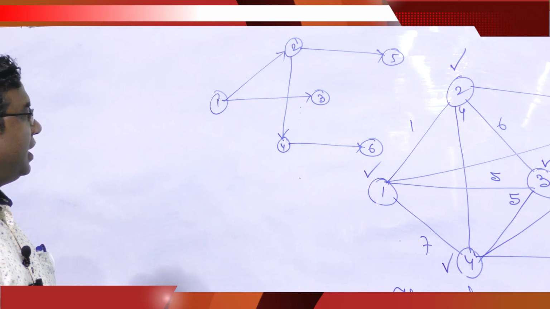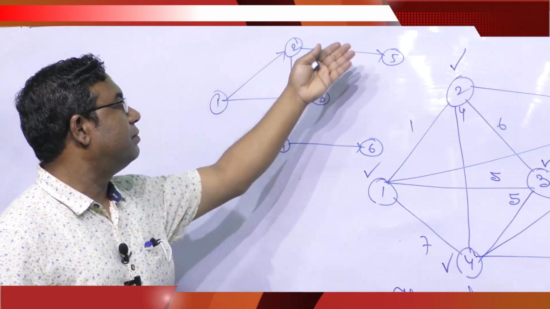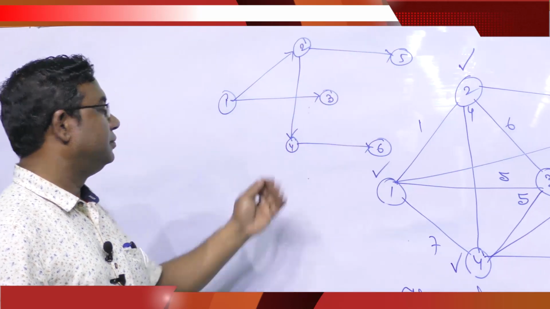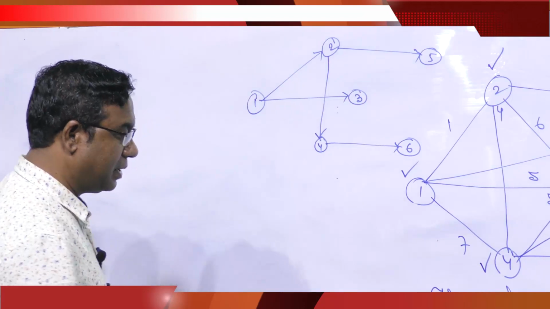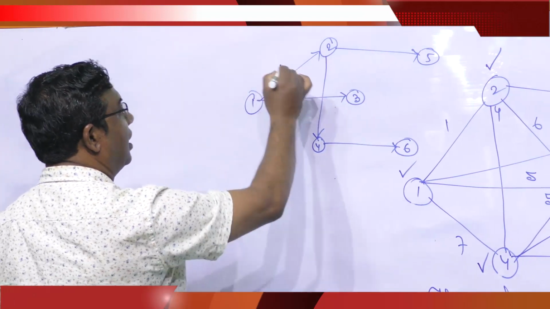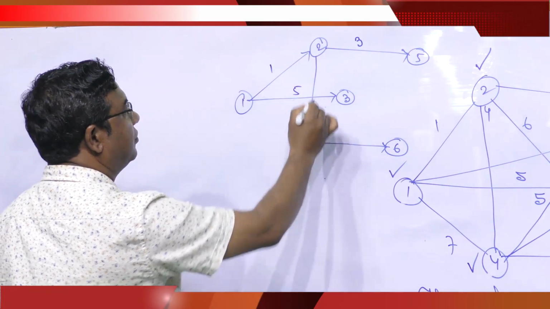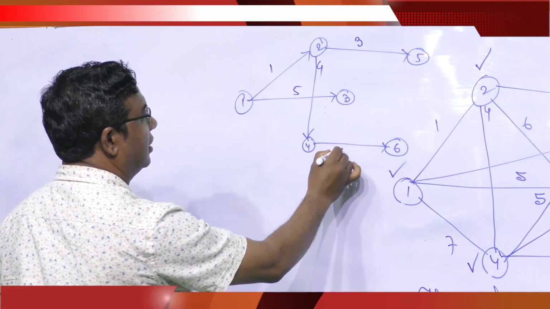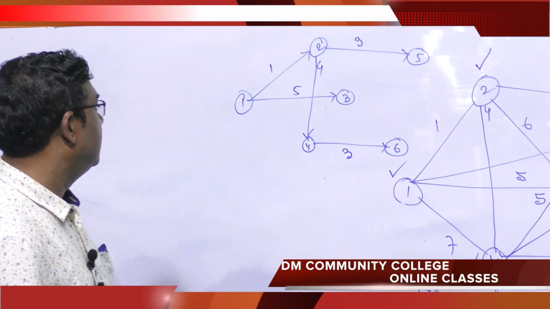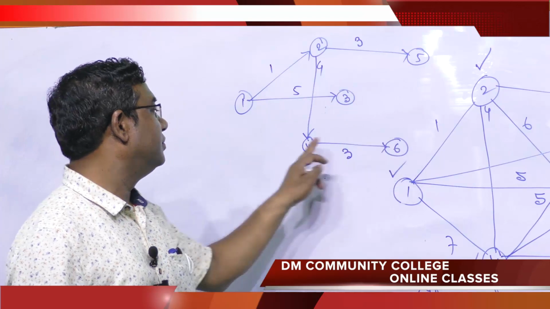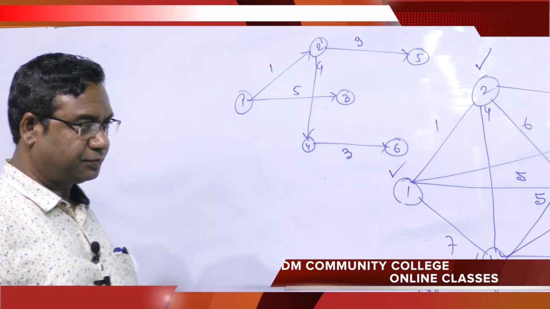So the Midwest company can supply cable network to 5 different places. So total length of the cable is 16. This is 1, this is 3, then this is 5, this is 4, this is 3. So total length of the cable is 16 miles. So all nodes are connected. So this is a minimally connected graph.